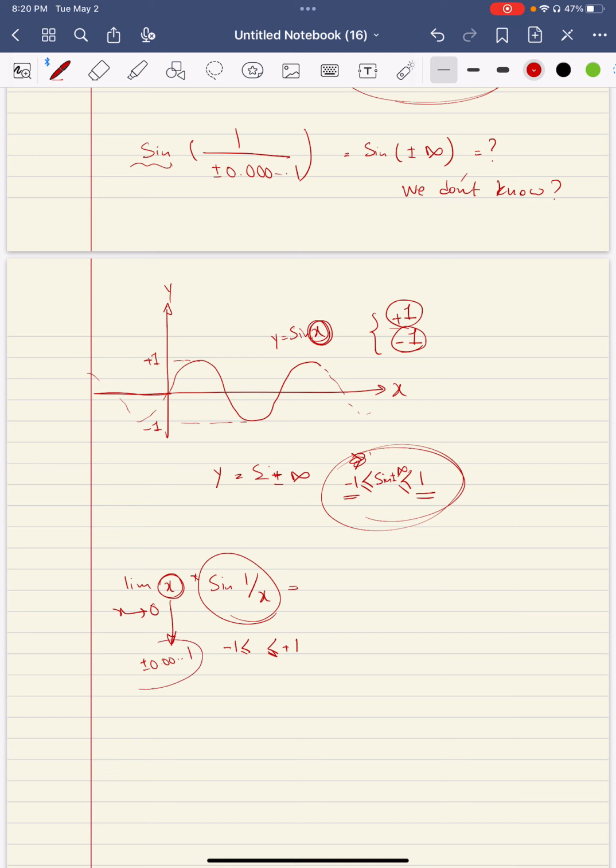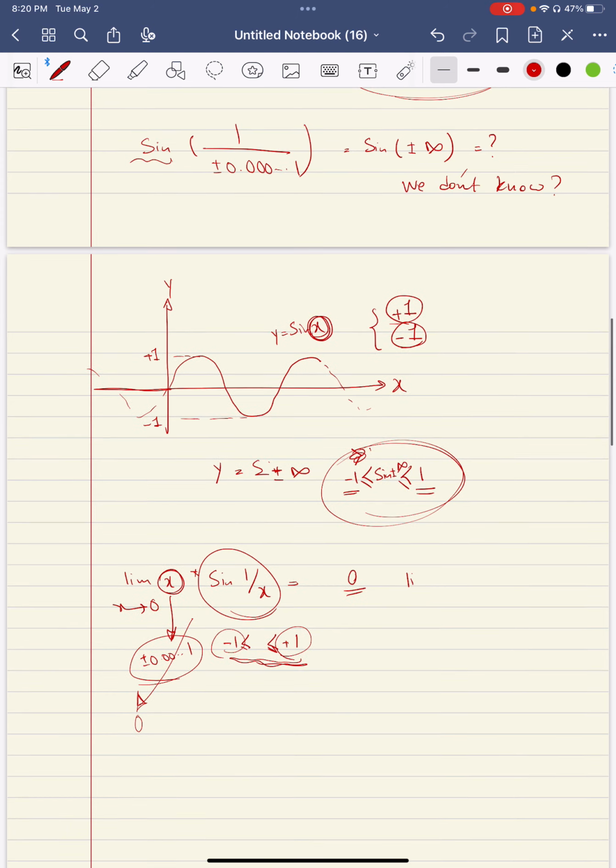So a value very close to 0, which we can call basically 0 because it is very close to 0. When you multiply it with a value that is limited to negative 1 and positive 1, the answer would be 0. So what we can learn in here is that limit x times sine 1 over x, x adjacent to 0, is equal to 0.